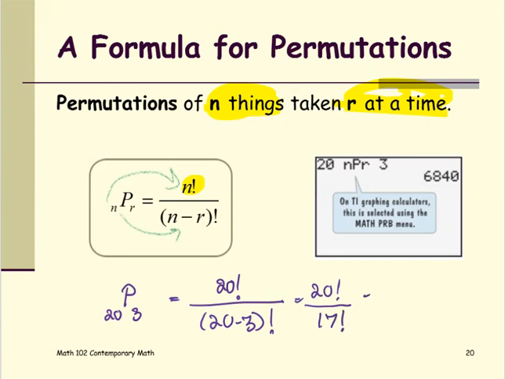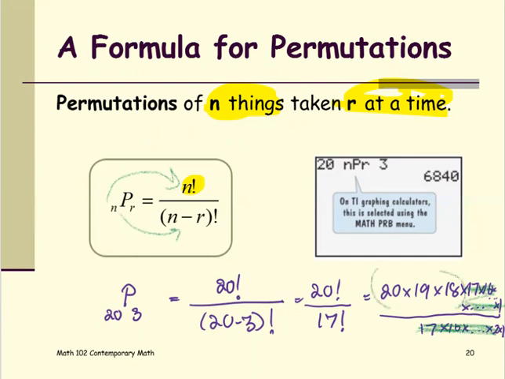If you do it manually, you have to expand 20 factorial as 20 times 19 times 18 times 17 times 16, and then keep multiplying until you multiply by 1, divided by the bottom, which is 17 times 16, going down one at a time until you hit 1. We expand this way for convenience because from 17 down, they all cancel. Then we just have to find the product of 20, 19, and 18. That should come out to be 6840.